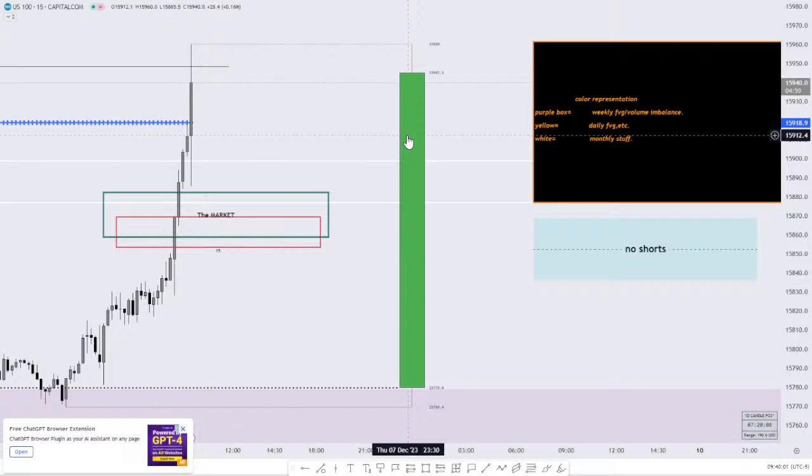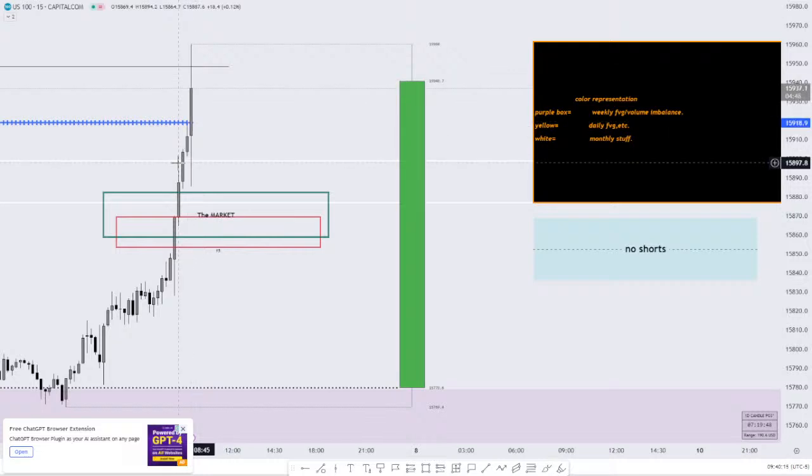Yes, we are in a fast market. That means only one thing. Let's first let this candle close. Let it close first.